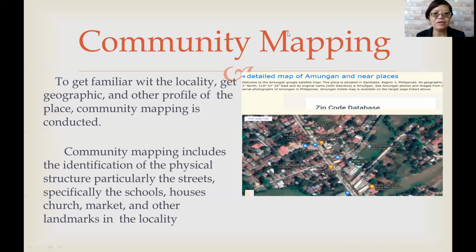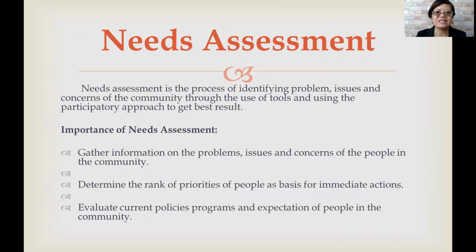So the mapping includes the identification of physical structures or landmarks, the streets, the schools, houses, church, markets, and other visible and known landmarks in the community. Sometimes we would identify some beautiful places in community, even in depressed communities.